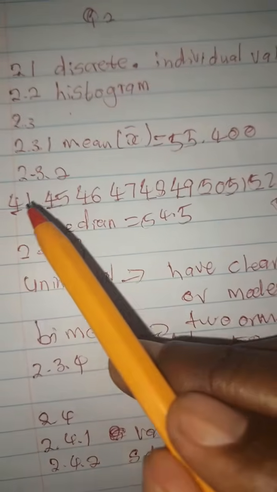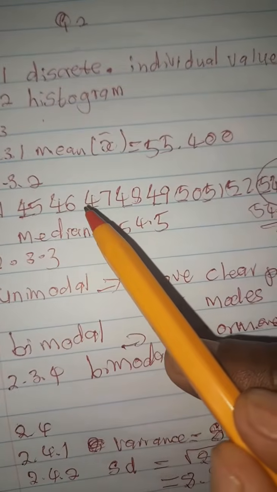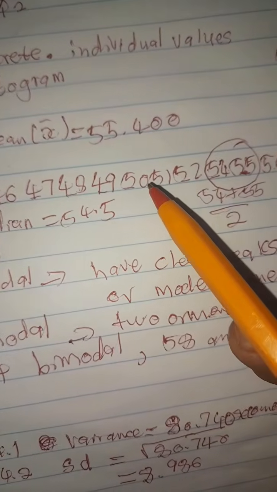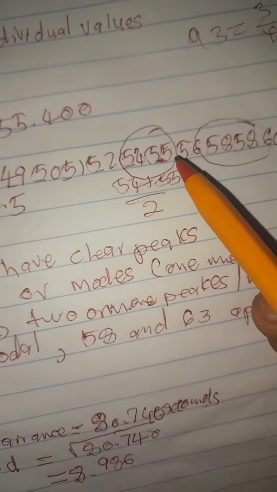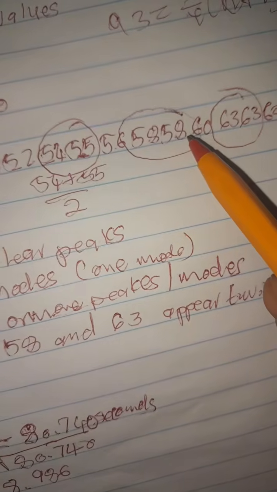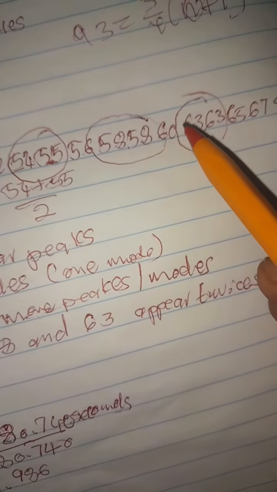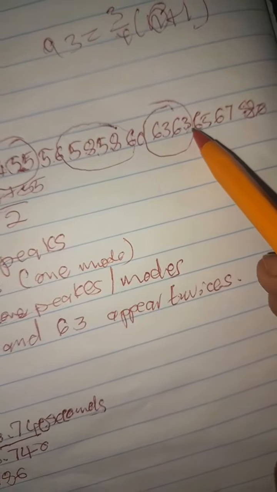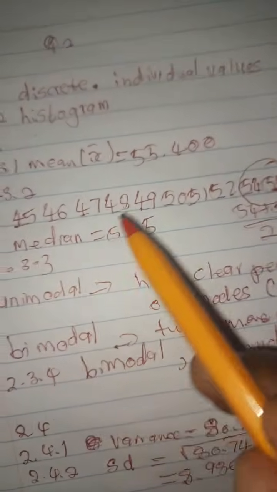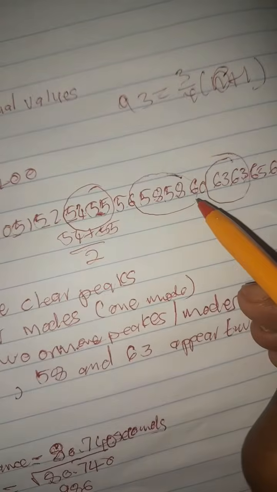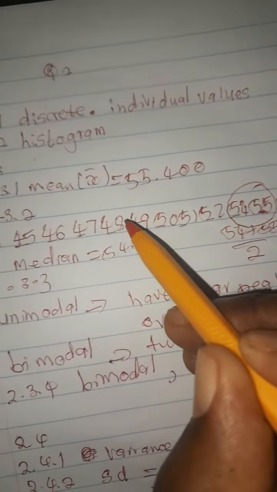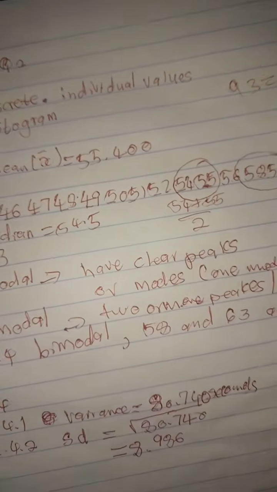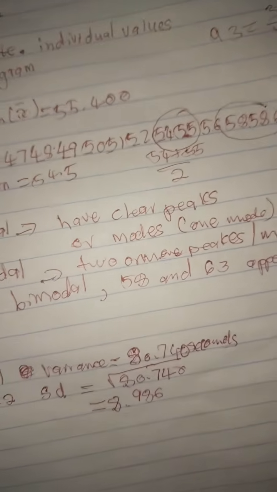Let's calculate. 1, 2, 3, 4, 5, 6, 7, 8, 9, 10, 11, 12, 13, 14, 15, 16, 17,75. Somewhere here. Let's calculate, because already here we calculated the median.